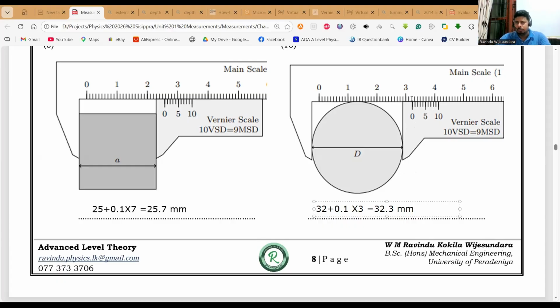millimeters. So don't worry, in your A-level examinations, they will enlarge this part again and give you. For the tutorial, I didn't give you, but usually if this is given in an A-level examination, they will definitely enlarge this part and give you, so you can easily read the marks. Okay, right, then there are no worries on that one. But here this third one is the one which is coinciding.